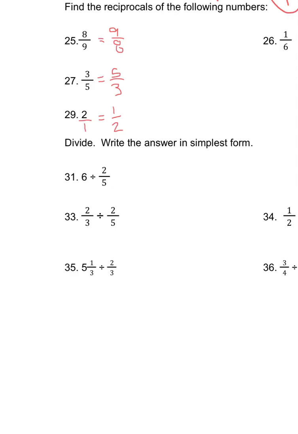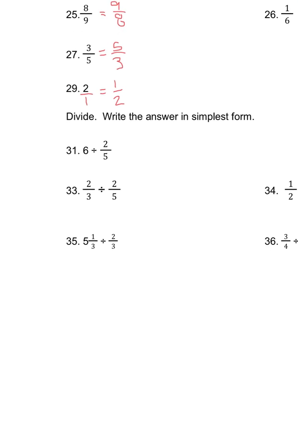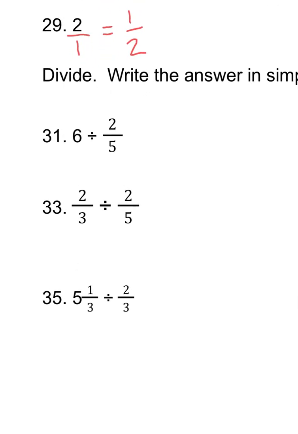Alrighty, moving on to the last section here. Switch up the color. So we're going to divide, and then we're going to write the answer in simplest form. So for 31, we have 6 divided by 2/5. So for starters, I would rewrite 6 as 6 over 1. And then when we divide, we're not actually going to end up dividing.